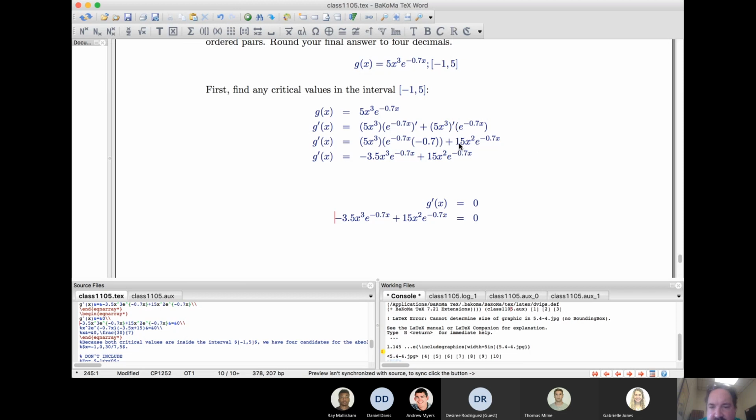All right, so here we have that same derivative set equal to 0. If anyone wants to factor out anything that you can, can anyone tell me what we have that's common to these terms that can be factored out?